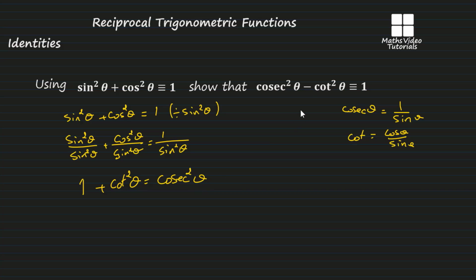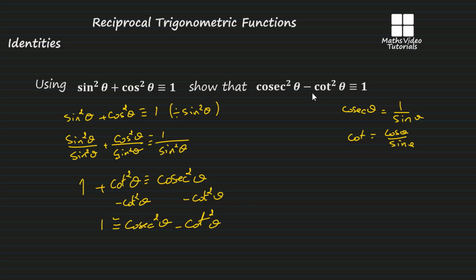All I have to do now is just subtract cot squared from both sides. Cot squared theta, and we minus cot squared theta here. I will get 1 identical to cosec squared theta minus cot squared theta.